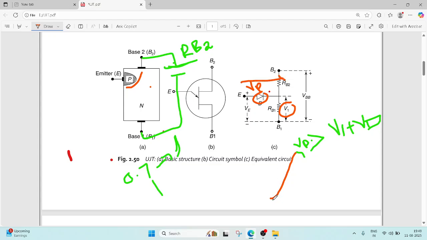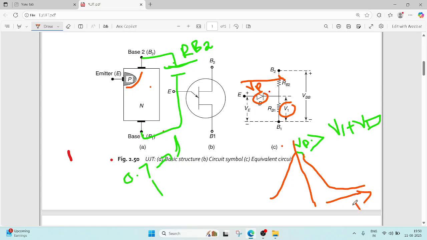So before the voltage increases, there is no current. At peak voltage, what happened? The current will increase automatically, and the voltage will decrease. The x-axis is current.